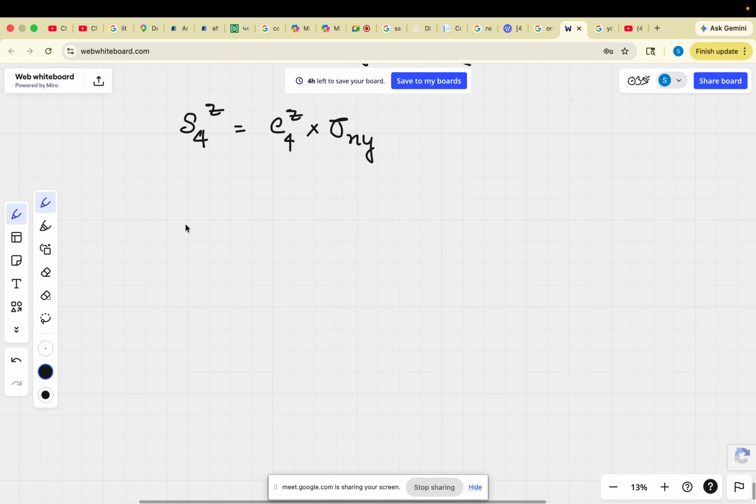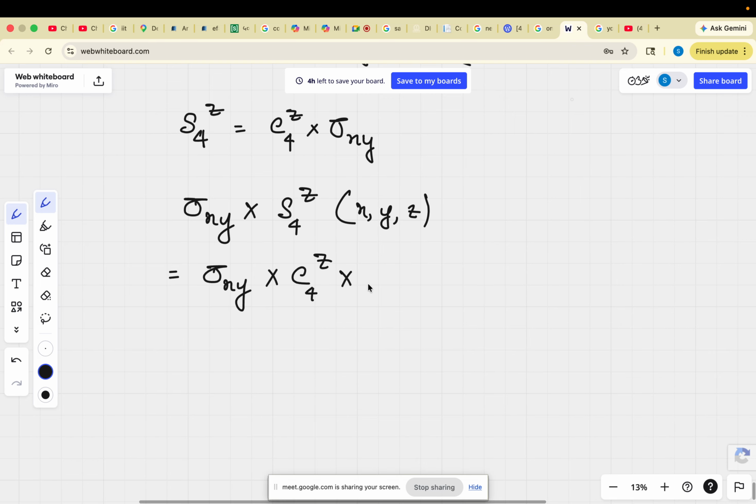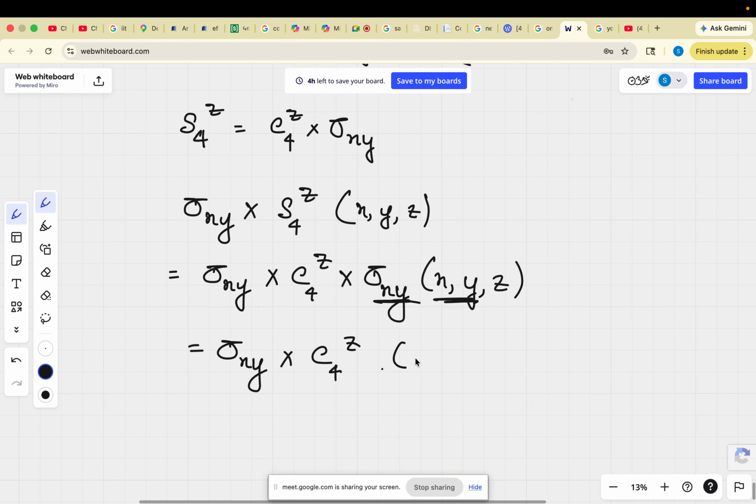Okay. So suppose I am giving this sigma xy into S4Z of x, y, z. Now this is your sigma xy, into S4Z. S4Z is basically C4Z into sigma xy of x, y, z. So xy is here, xy is also here, z will only change. So here I have sigma xy into C4Z, and you will get x comma y comma minus z.